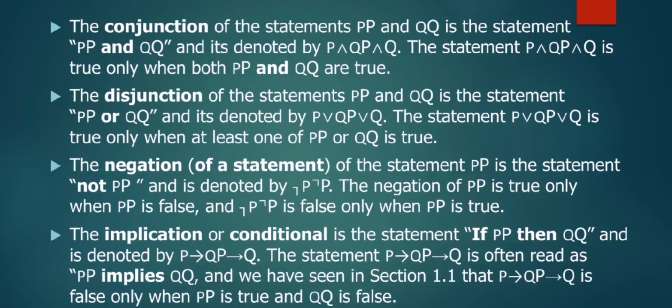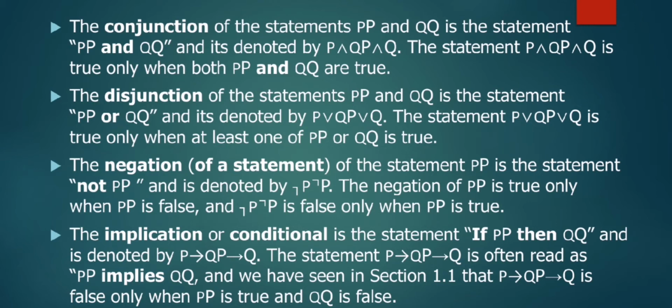So, these are the logical operators in truth values or in equivalent statements. First is the conjunction. The conjunction of the statements P and Q is the statement P and Q, and it is denoted by the symbol inverted V, P and Q. The statement P and Q is true only when both P and Q are true.